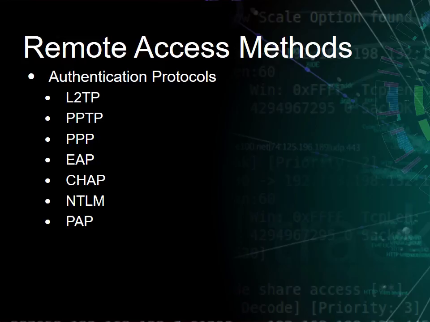Then there's NTLM. NT LAN Manager is an authentication protocol designed by Microsoft for use with Server Message Block protocol, or SMB. It's an authentication-level network protocol primarily used for sharing files and printers in a Windows environment. NTLM has been designed as a replacement for LAN Manager protocol, which went out, I think, with Windows NT 4.